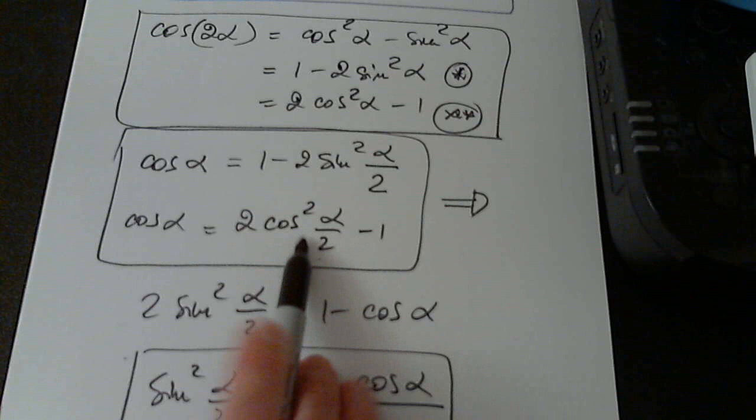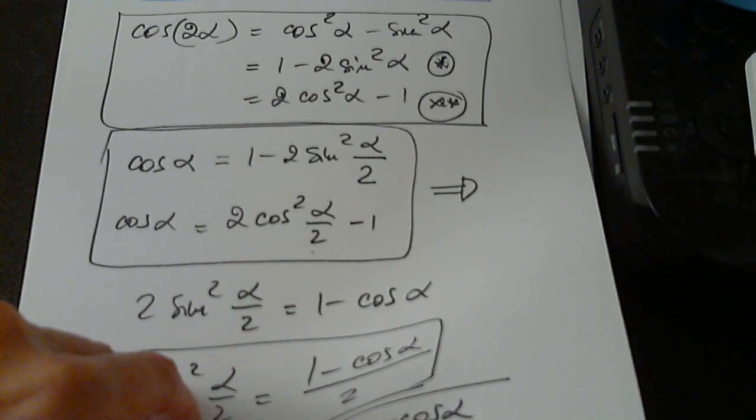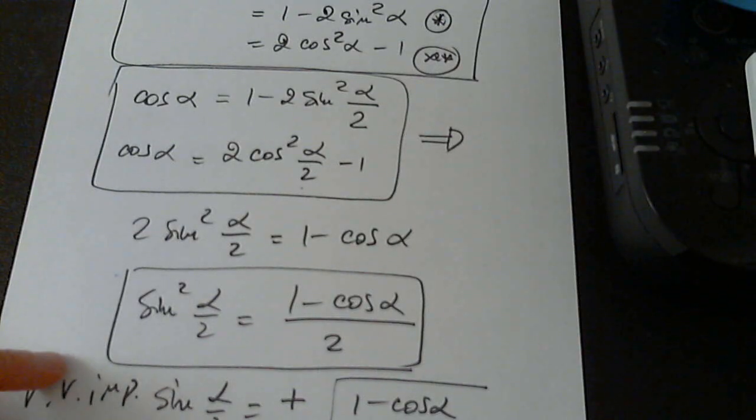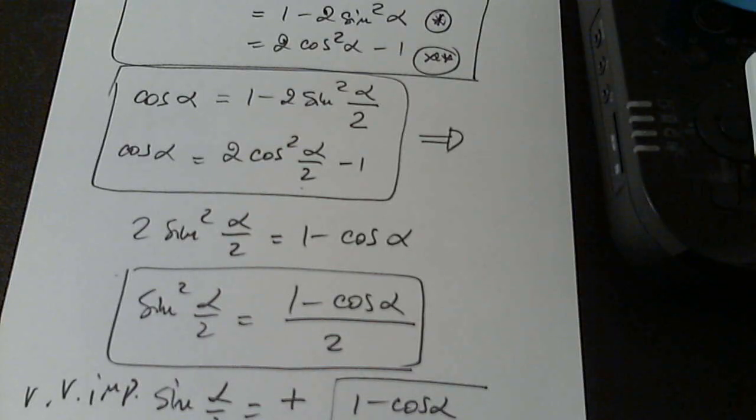The same formula holds for cosine alpha over 2, but with a plus here. And these are the last identities, I promise. So cosine alpha over 2 equals plus or minus the square root, identical, but (1 plus cosine alpha) over 2.